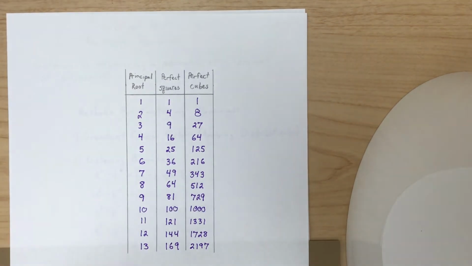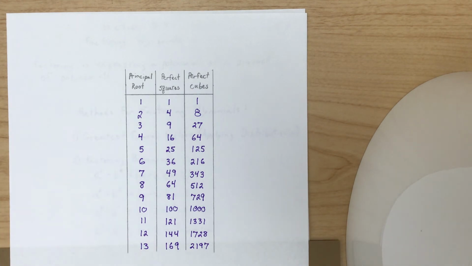And perfect squares are numbers where you multiply a number by itself. So I know 13 times 13 is 169, which makes 169 a perfect square. And if I multiply 169 by 13, I get 2,197. That means 2,197 is an example of a perfect cube.